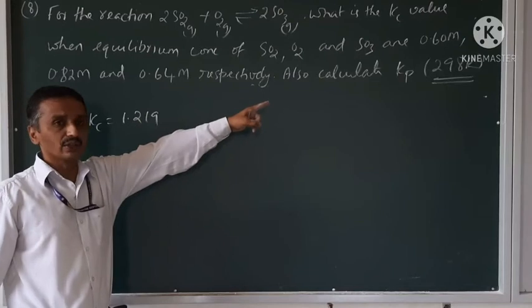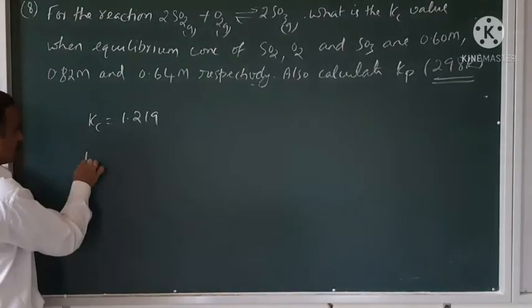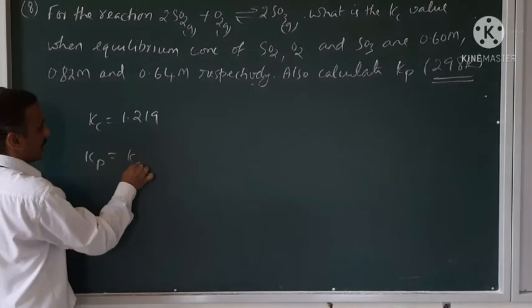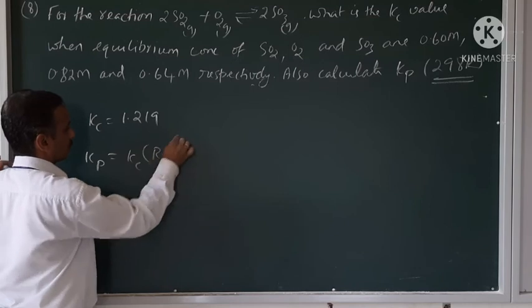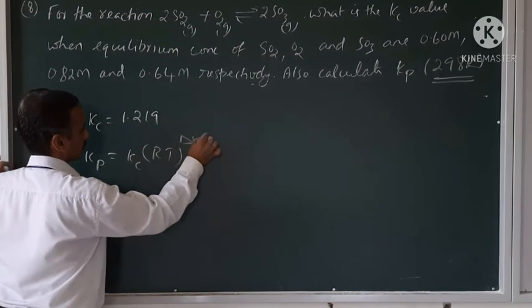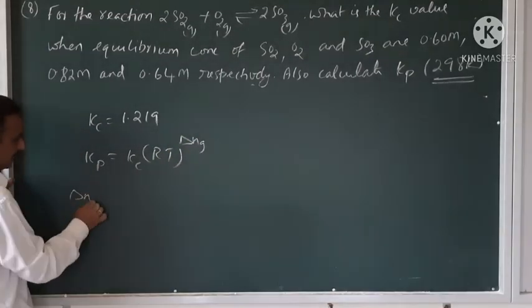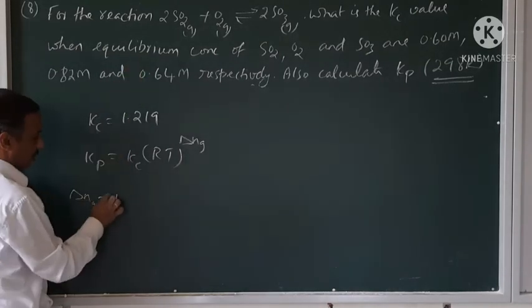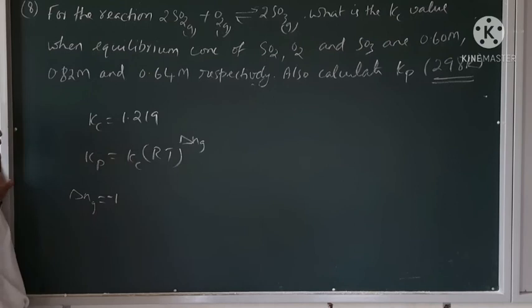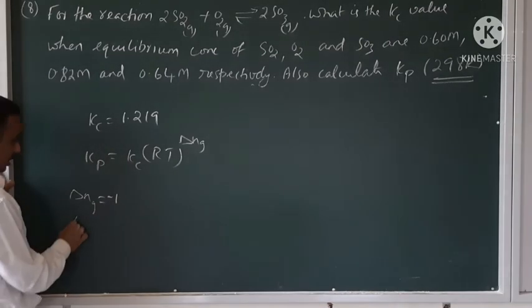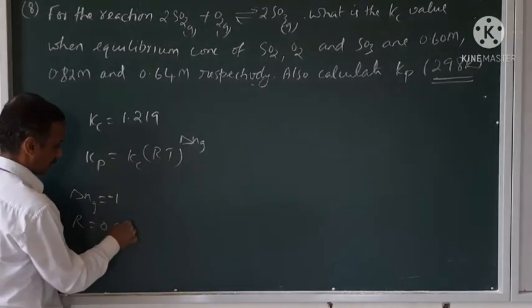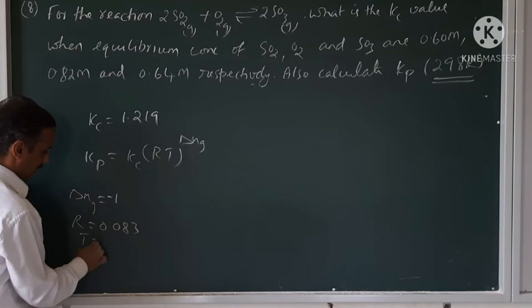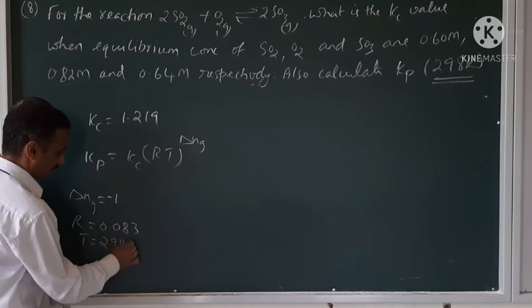He asked for the calculation of Kp. So Kp is equal to Kc into RT to the power delta n of gas. So delta n of the gas is 2 minus 3, which is minus 1. R is 0.083. T was not given, so you have to take it as 298 Kelvin.